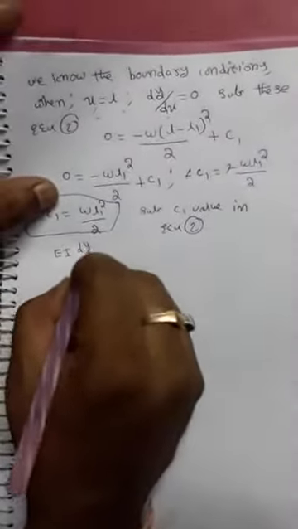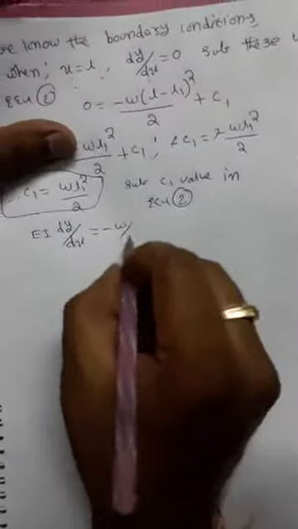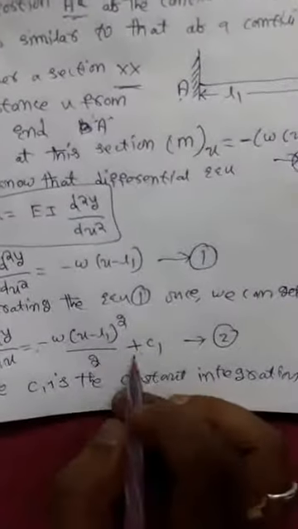So you can get EI dy by dx equal to minus w by 2 (x minus L1) whole square by 2 plus C1.